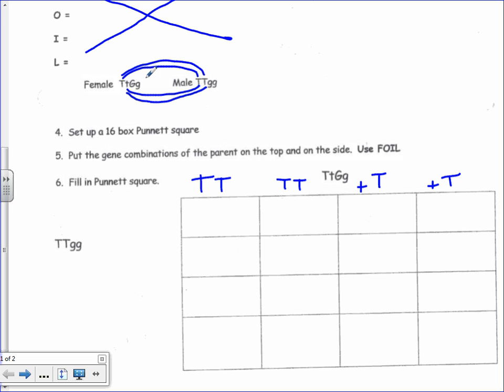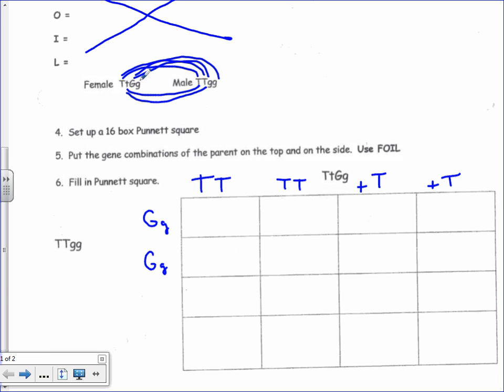For the color allele, same situation. From the mom, this allele could sort with this recessive, or it could sort with this recessive. So we could have dominant and recessive, or we could have dominant and recessive.